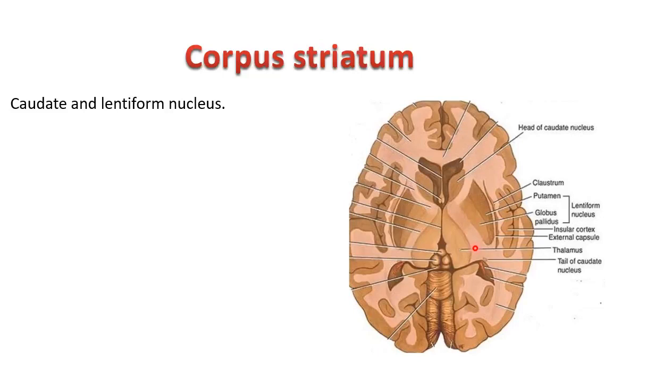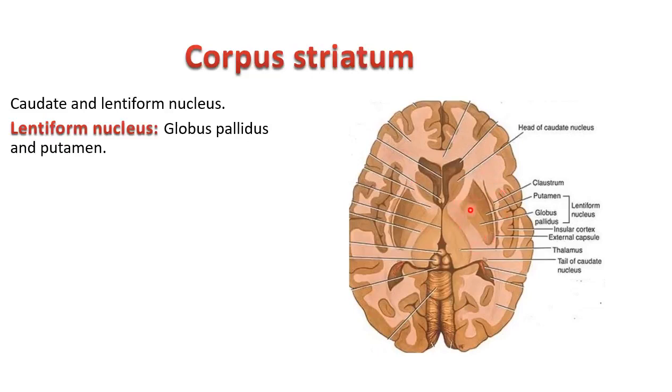Especially your posterior limb mainly consists of corticospinal fibers, which pass through the posterior limb of the internal capsule, and more importantly, you should also know the blood supply of the internal capsule. So coming back to the corpus striatum, as I told you, caudate nucleus and lentiform nucleus.